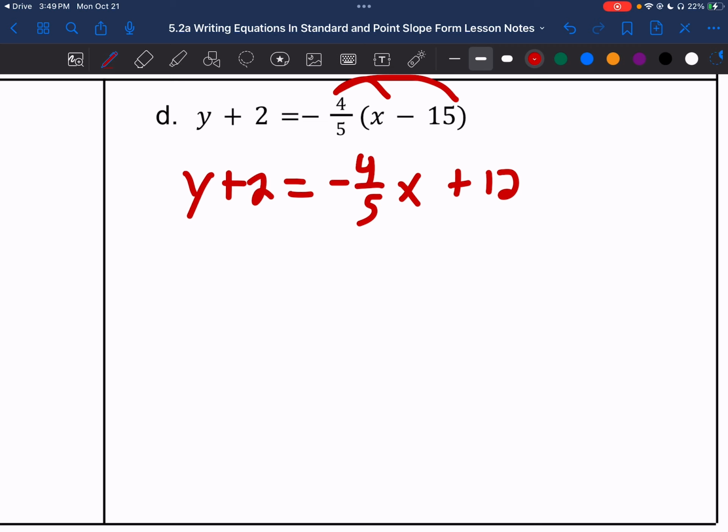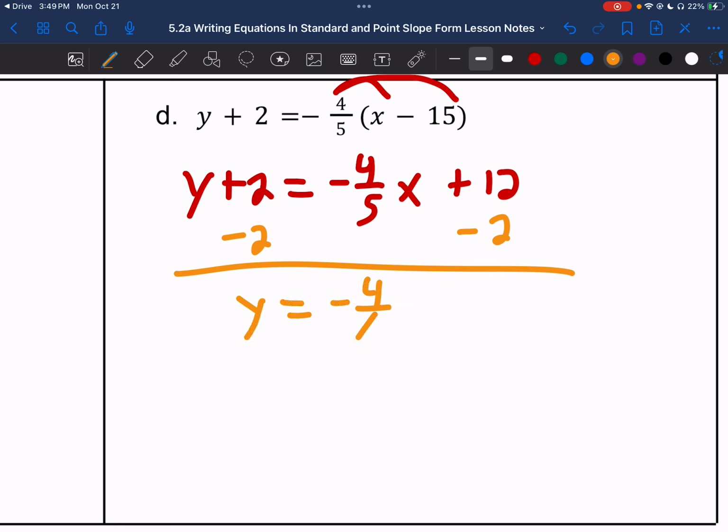Positive 60 divided by 5 is 12. And now we need to do our final step of subtracting 2 from both sides and get that y is equal to negative 4/5 x plus 10.